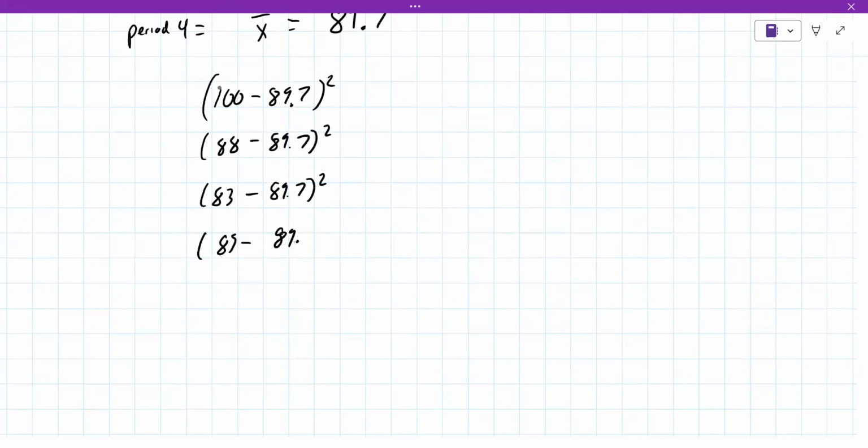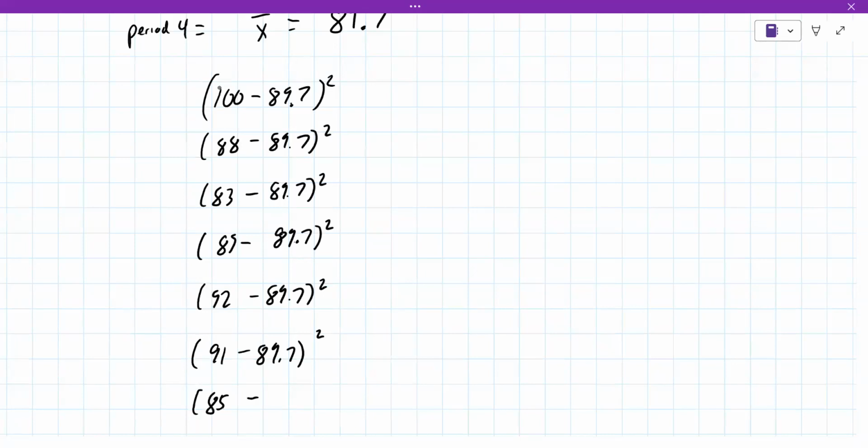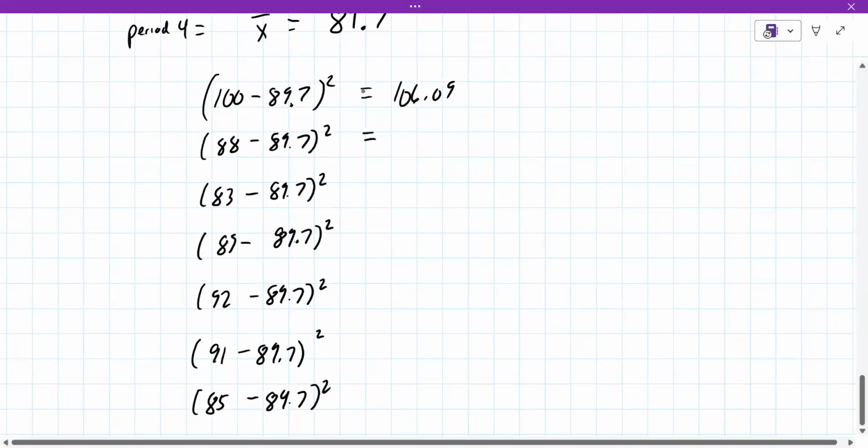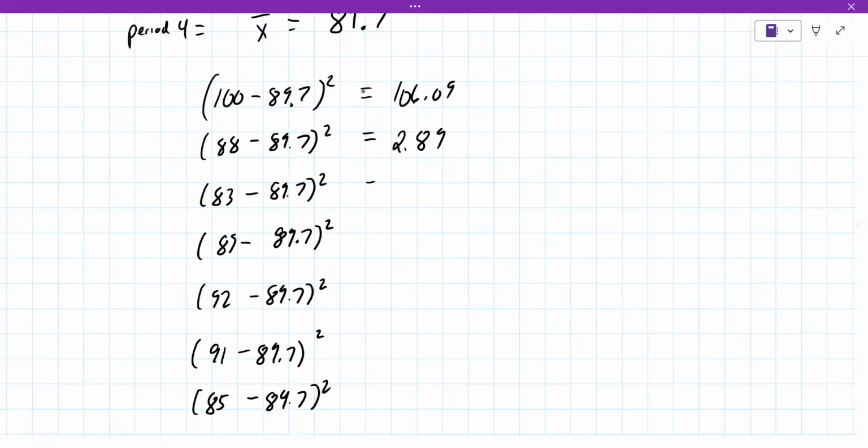That's 10.3 times 10.3. 106.09. Here's where technology helps. 106.09. 2.89.